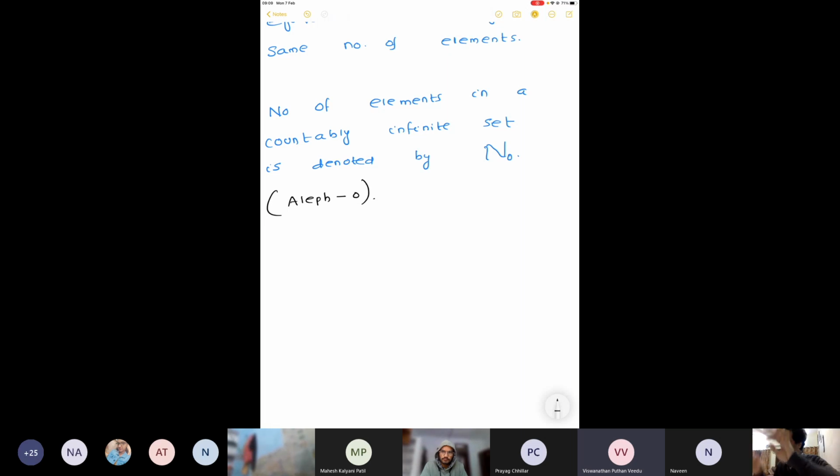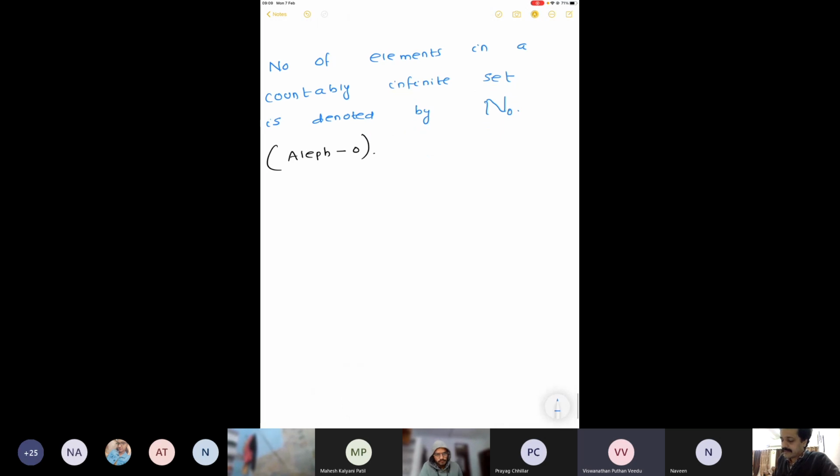This Aleph naught is a Hebrew letter. Thus we have cardinal numbers 1, 2, 3, etc. and also the cardinal number Aleph naught.